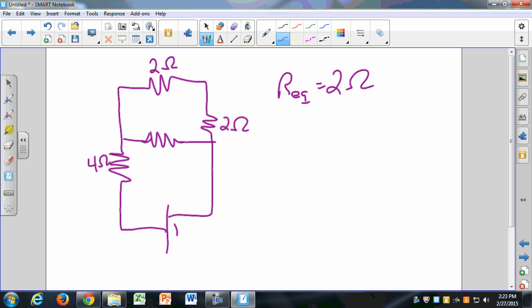Wait, hold on, let me rethink this. I'll make sure this is working out right. Now let's make this a 1 ohm right here. So what is the equivalent resistance of this circuit? Or what is the unknown resistor?